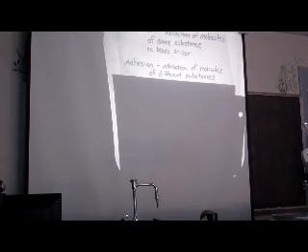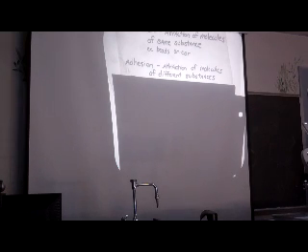Cohesion is the attraction of molecules of the same substance. For example, water and water hooking up. You guys know when you wax your car and then you put water on it, all the water molecules are going to bead up. Well, the water molecules that make up that bead of water are attracted to each other by cohesion.